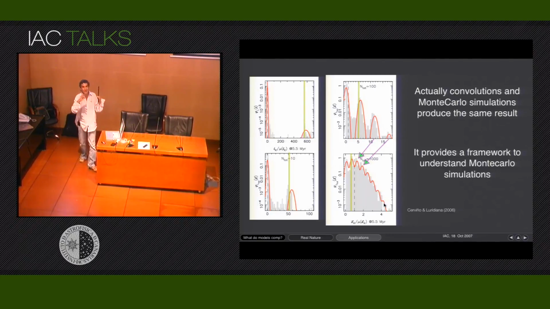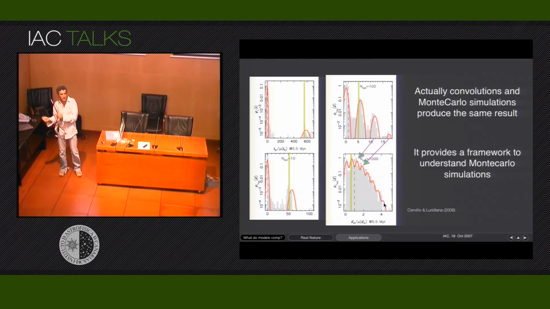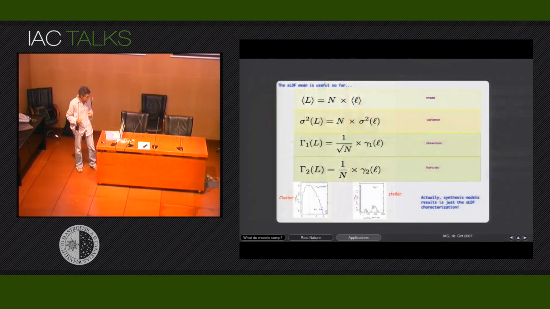Red supergiants are very, very luminous, so it's very different if they are there or if they are not there. Of course, if you have lots of stars, at the end you obtain a Gaussian distribution. So to have one star more or one star less is not so different.